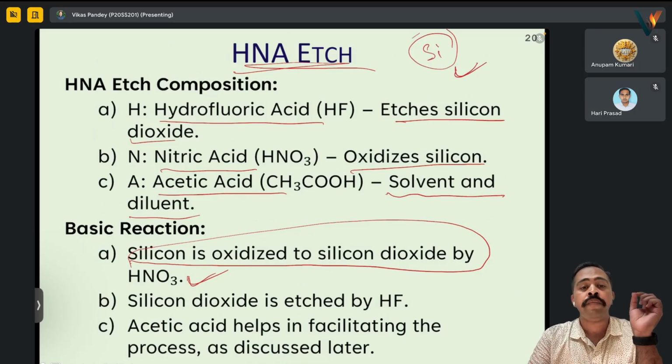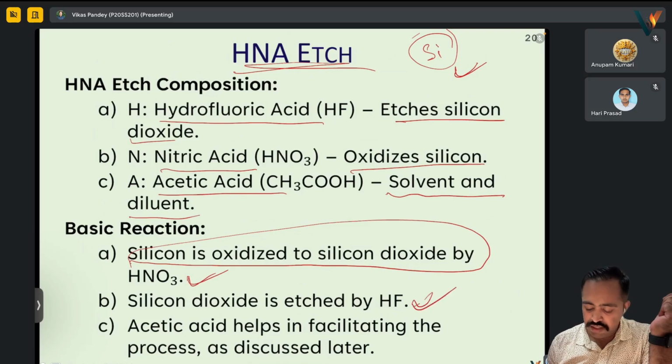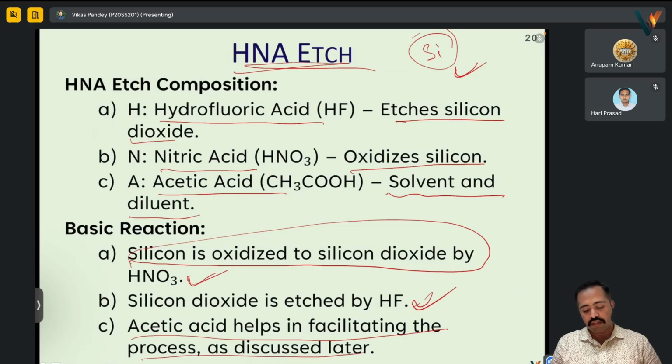Silicon is first converted into silicon dioxide using HNO3, nitric acid, then we know that silicon oxide can be etched by HF, although HF does not remove silicon. And then acetic acid helps in facilitating the process, which we'll discuss later. Actually, it works as the solvent and diluent.